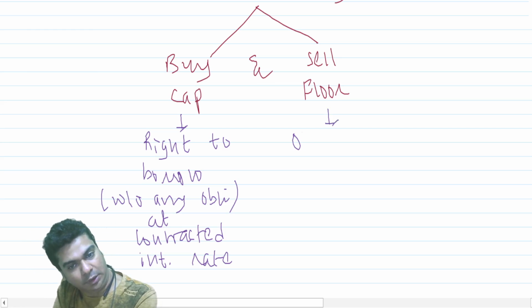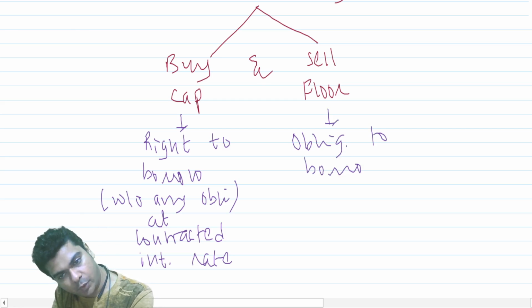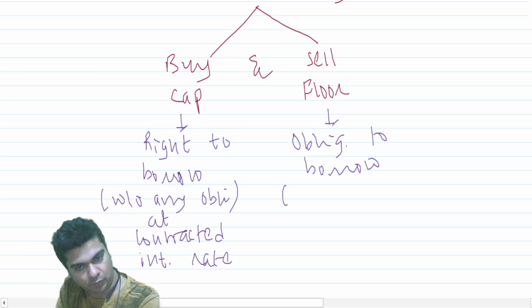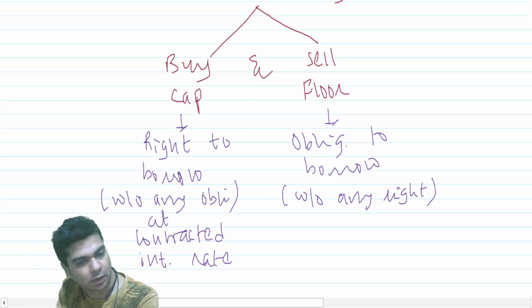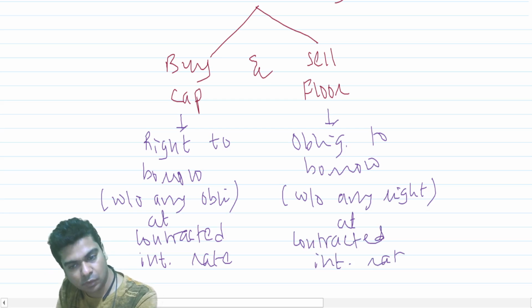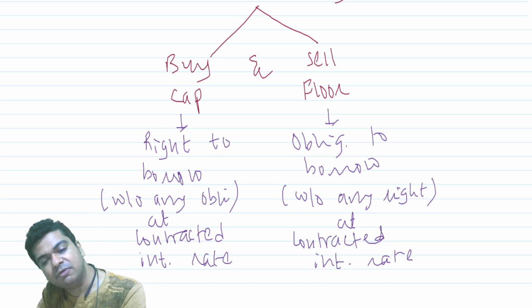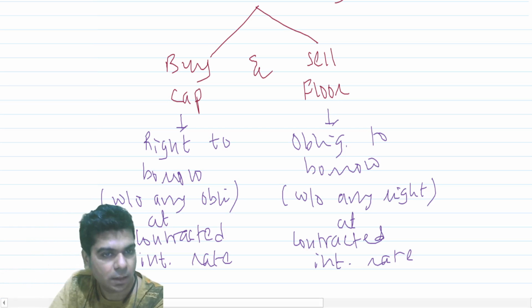In a floor, you will get an obligation to borrow without any right at a contracted interest rate. This is what will happen when you do two things simultaneously.